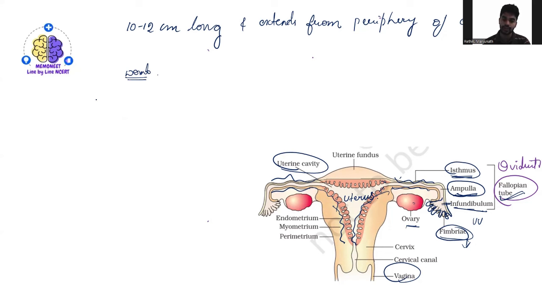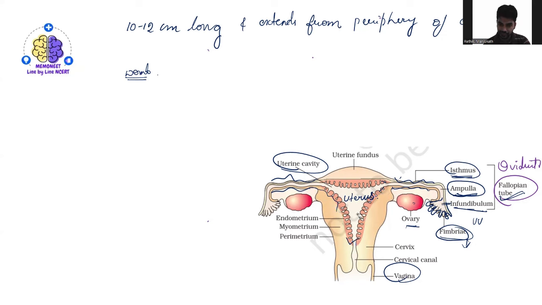The shape of this uterus is like an inverted pear-like structure, and it is supported by the ligaments which are attached to the pelvic wall. From the uterus, it opens to the vagina.